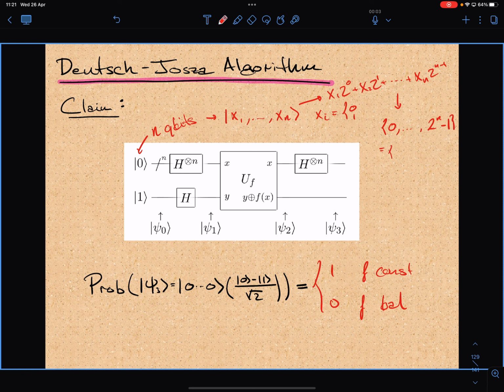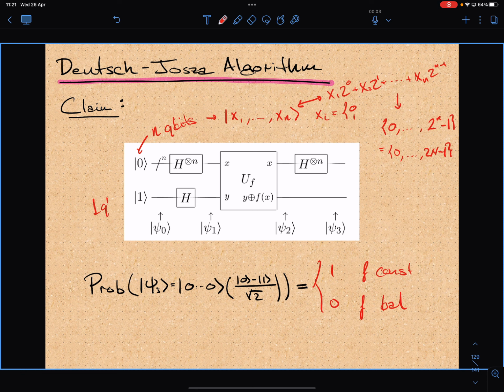All these qubits represent all the possible inputs that f could take, identified through the binary expansion of the numbers from 0 to 2n minus 1. We encode those possible inputs in the first n qubits, and the last qubit is 1 qubit.